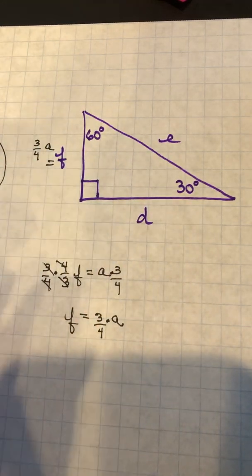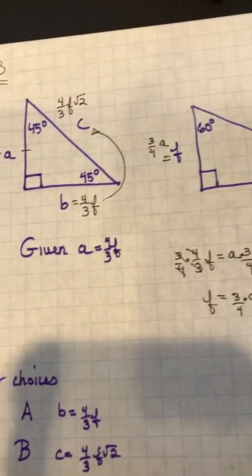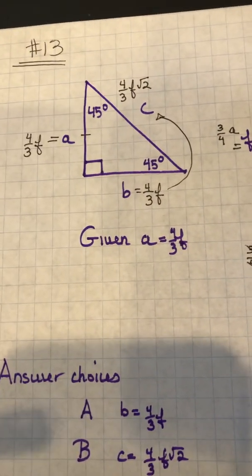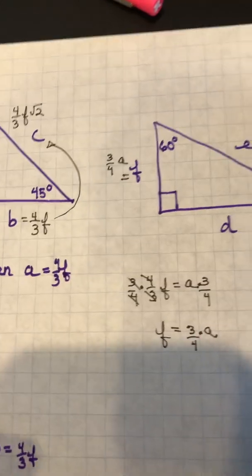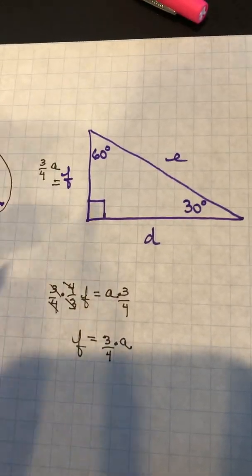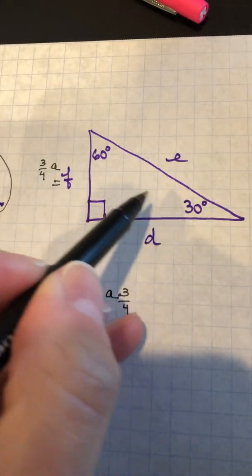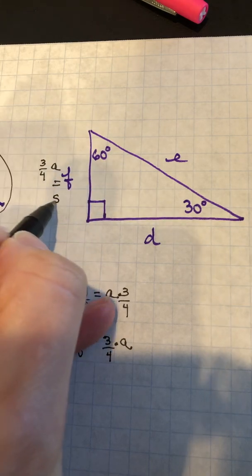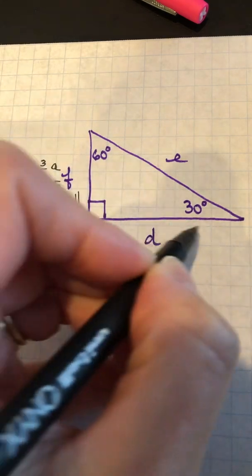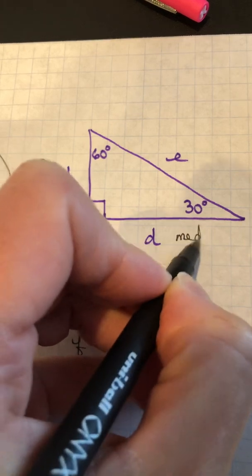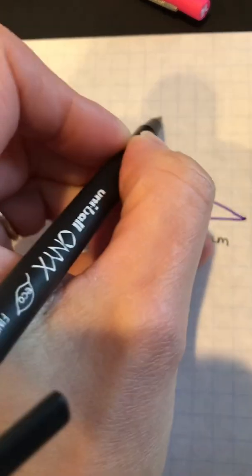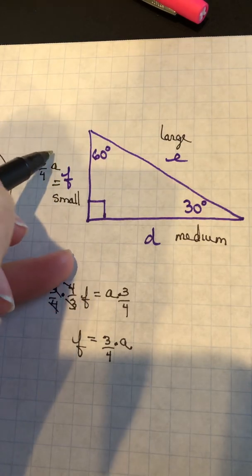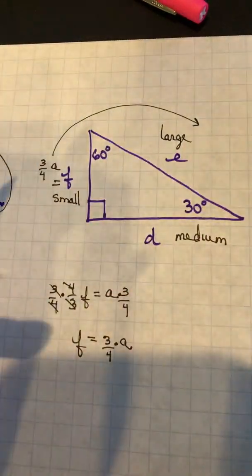Okay, now, why am I doing that? I'm trying to get everything to have roughly the same letters so I can compare apples to apples. And now I know that in the 30-60-90, this is my small side, this is my medium, and E is my large. So to go from small to large, I multiply by 2.